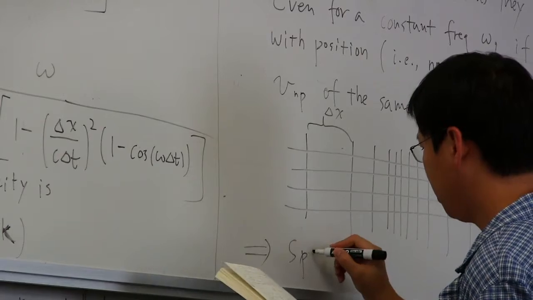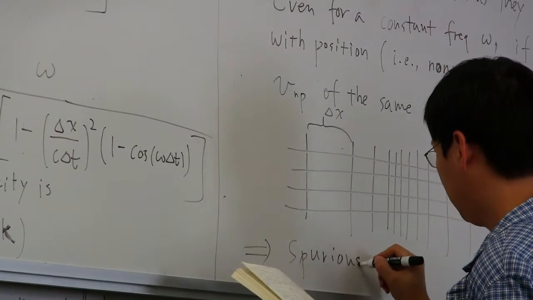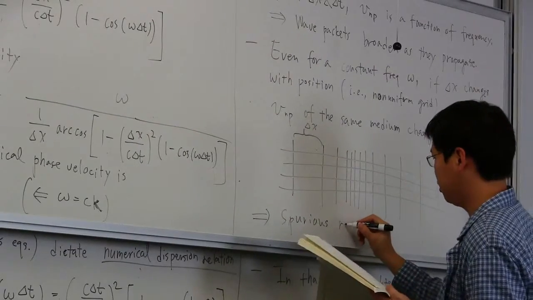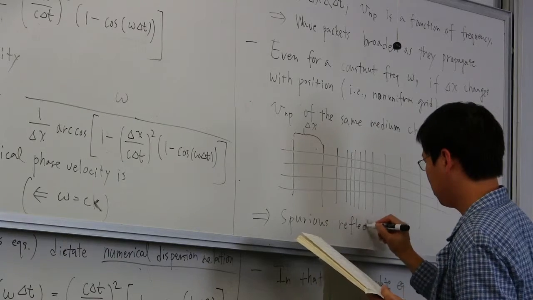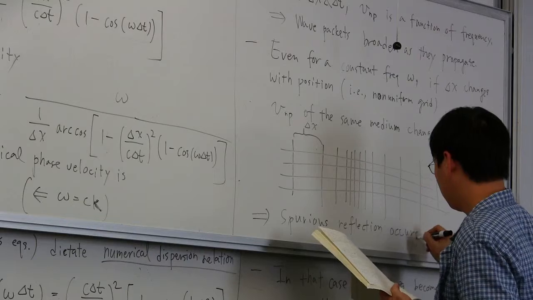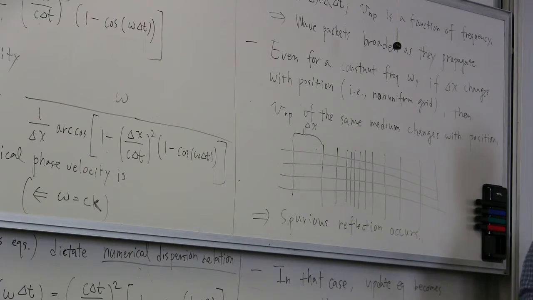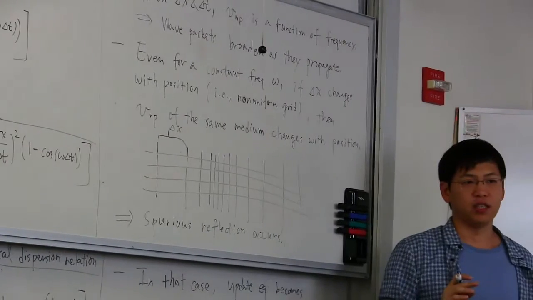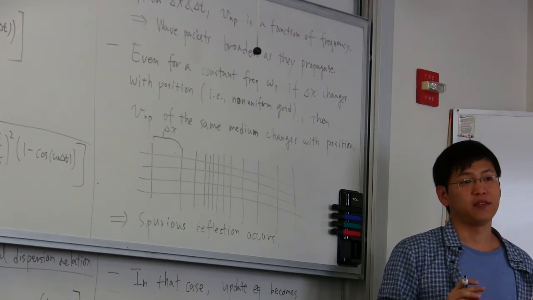As a result, spurious reflection occurs. Whenever the phase velocity changes, there occurs reflection, right?